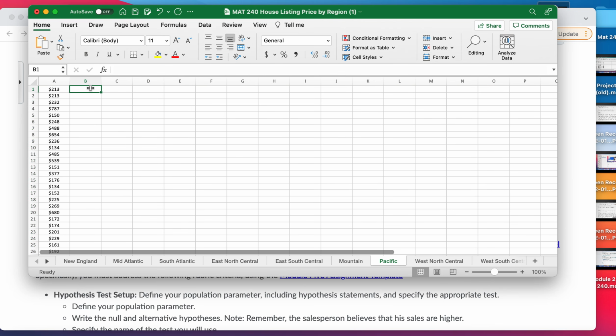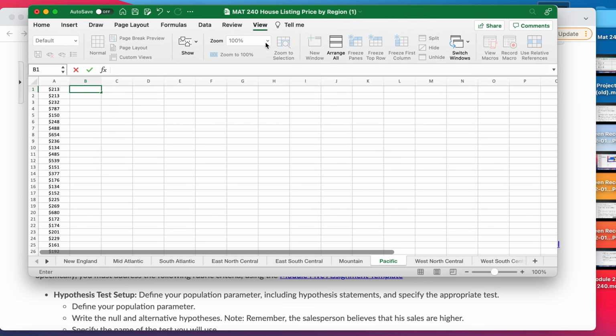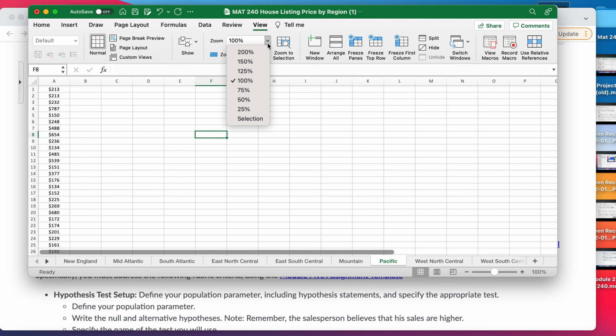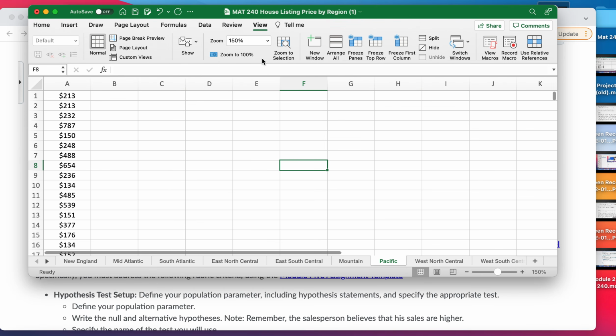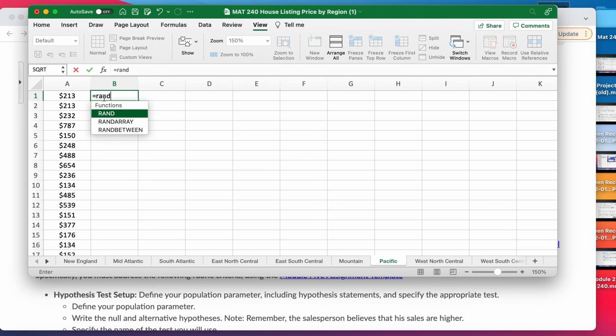We're going to use our random sample equals RAND. Let me make the screen bigger first. View, zoom, zoom. Let's look at 150. That's better. Okay. I'm going to use equals RAND.